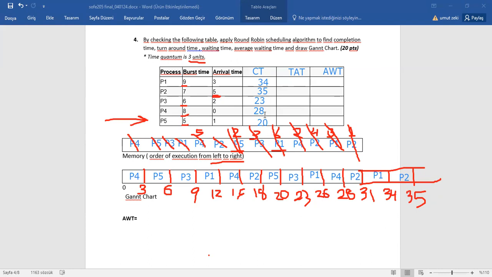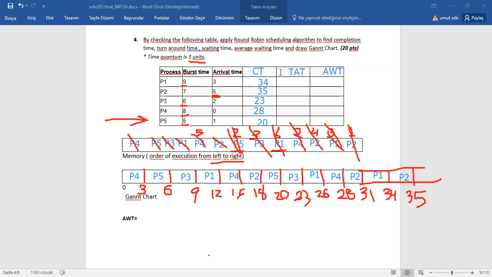Okay, so turnaround time is what? The completion time minus arrival time. Turnaround time is something like how much time you wasted.